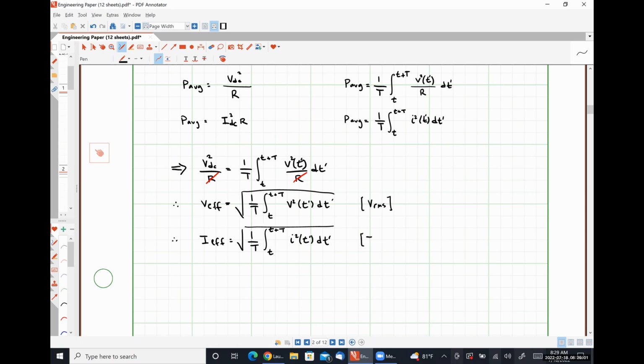And we'll have a unit of amps RMS. So let's take a moment or two here and put these equations into use to calculate the effective value of some common waveforms.